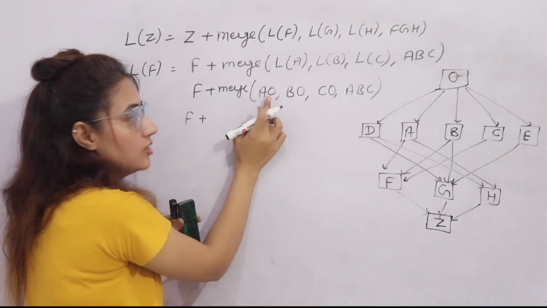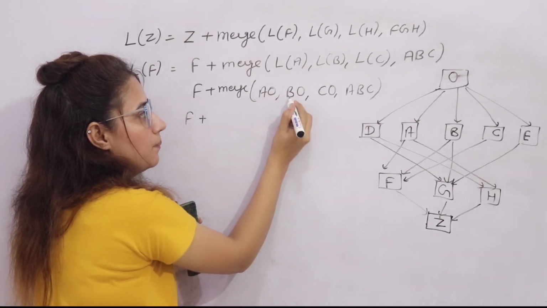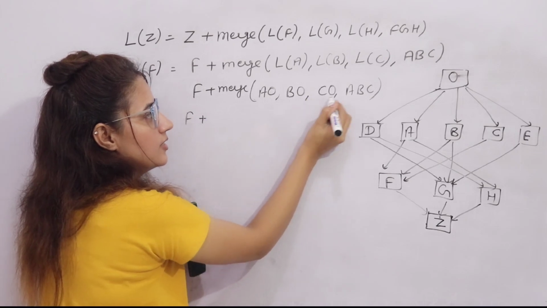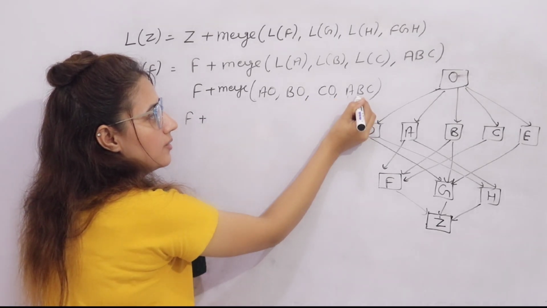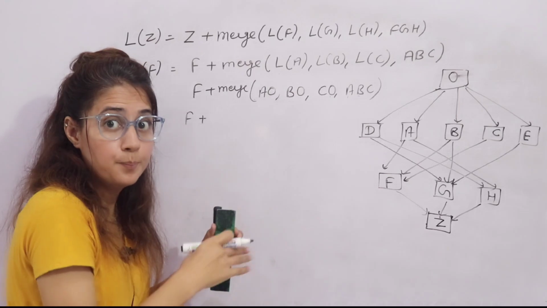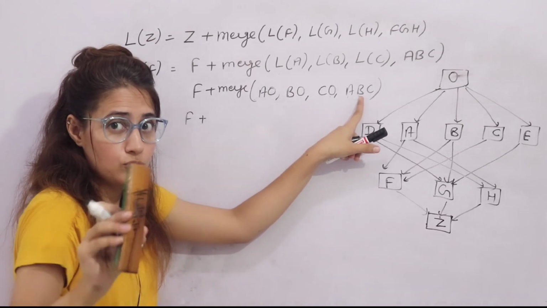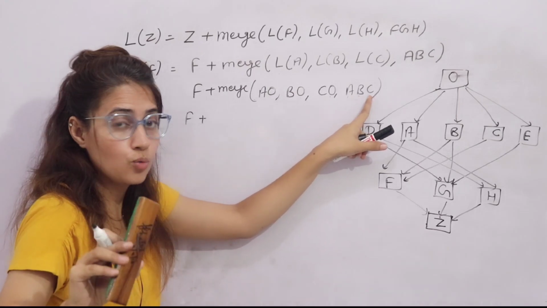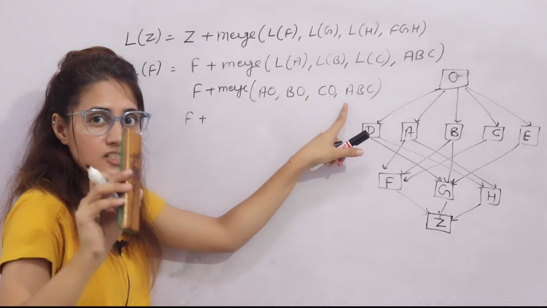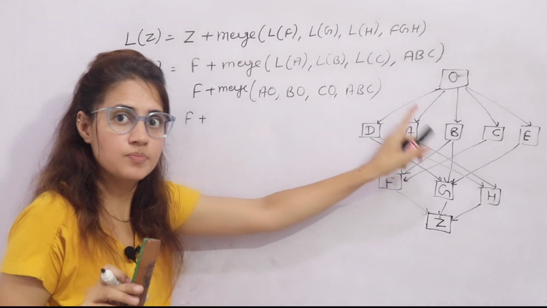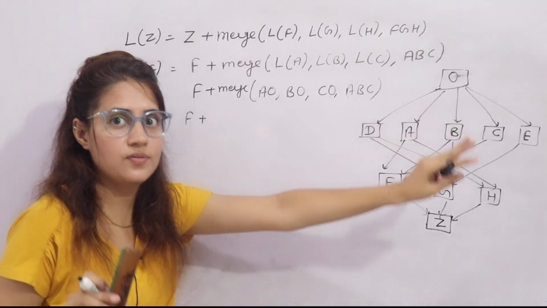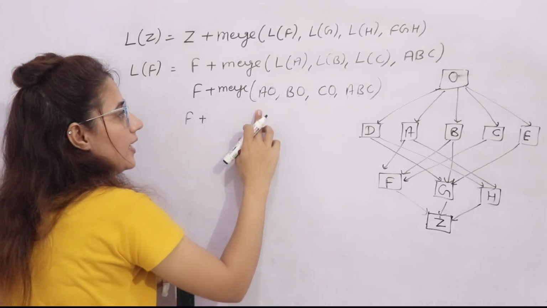Here only O, so this is the tail. Here B is head, this is tail. C is head, this is tail. A is head, BC tail. BC both are tail, not only C. Except the head, except the first element, all the elements are tail, if there are 3, 4, 5 elements. So now A is head.